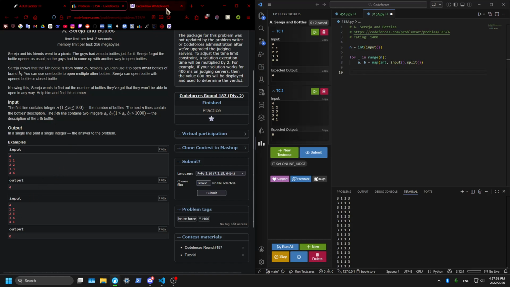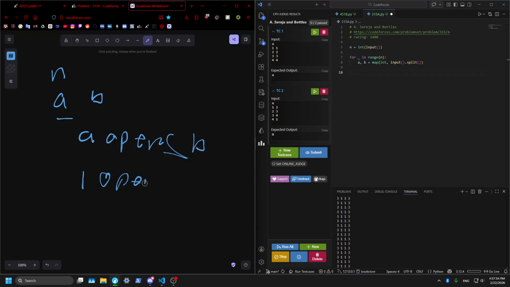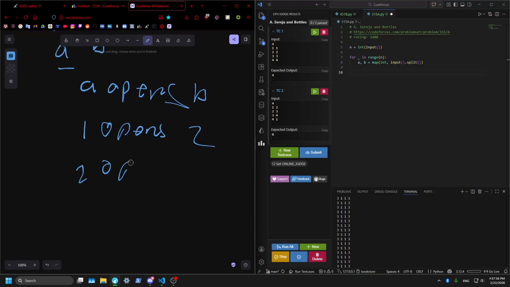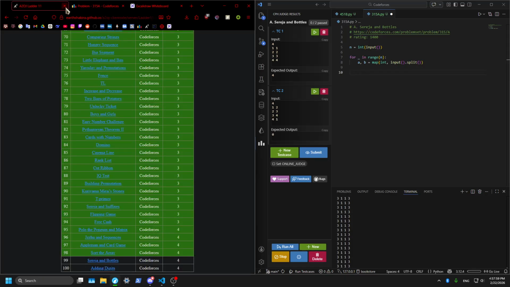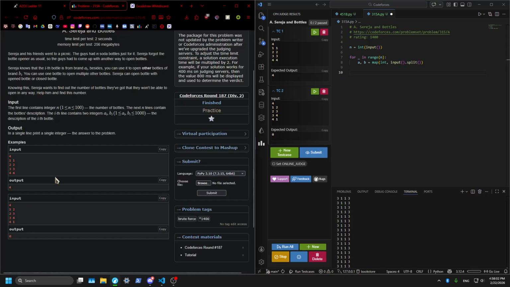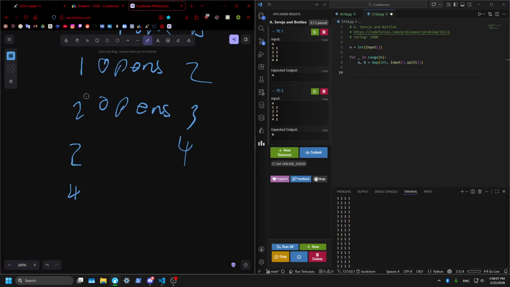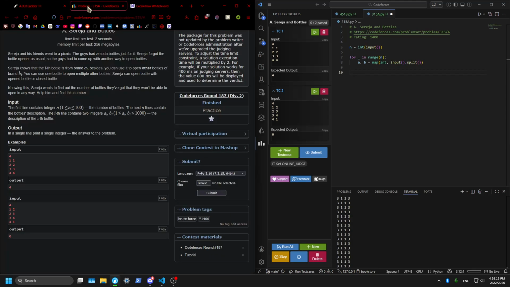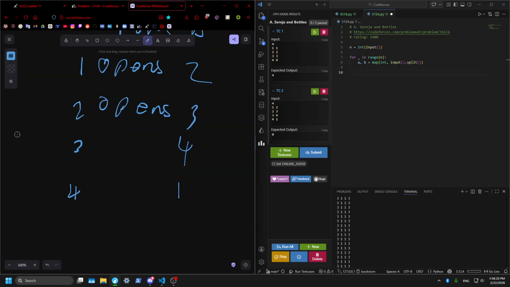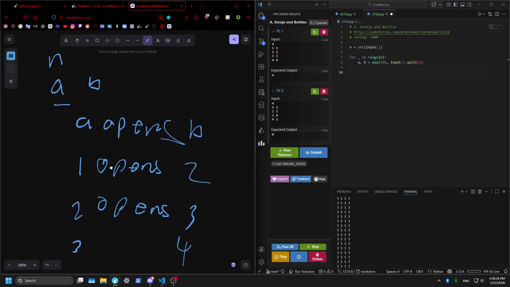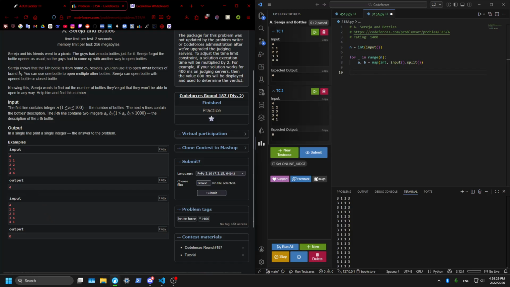This is A, so 1 opens 2, 2 opens 3, 3 opens 4, 4 opens 1. So it can open everything.